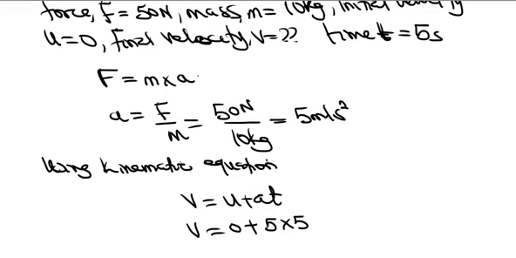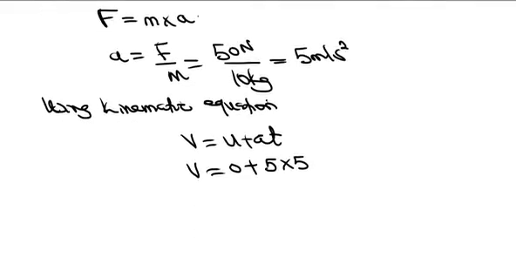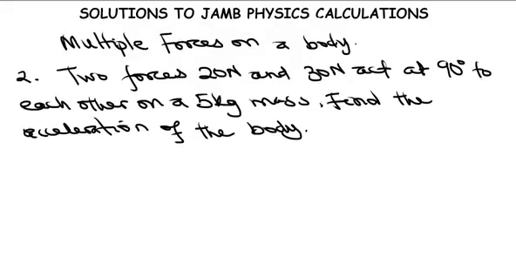So from here, we could see that our V is equal to 25 meter per second, and that's the velocity you are asked to calculate. And that is the way to solve that question in a very simple and demystified way, as we have said. Now, let's see how we are going to solve this question on multiple forces on a body.